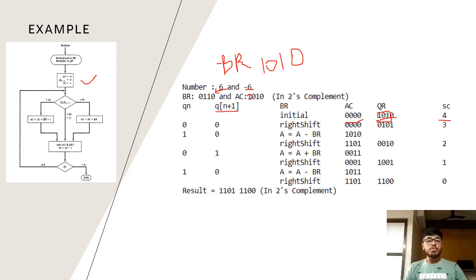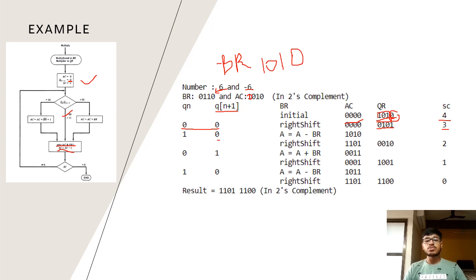Here initially Qn plus 1 is 0 and Qn is also 0. So for 0 0, we will shift AC and QR and decrease the sequence counter by 1. So here we shift the accumulator and QR to get 0 0 0 0 0 1 0 1, and the sequence counter is decreased by 1. Now this Qn bit is stored in Qn plus 1.